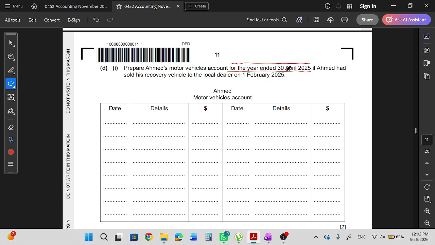Okay, whenever you have the ending date of an account, first of all get the opening date of that account. If the year is ending on 30th April 2025, when would this year have started? Definitely it would have started on 1st May 2024. We will start this motor vehicle account on 1st May 2024, and on that date what would be the status of this account?